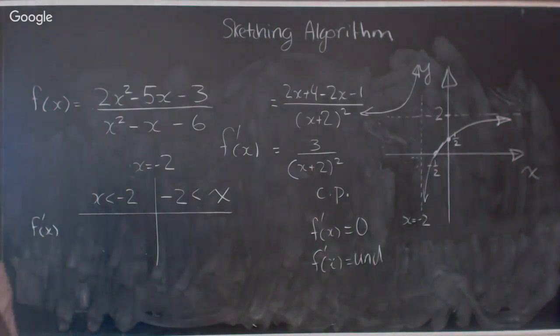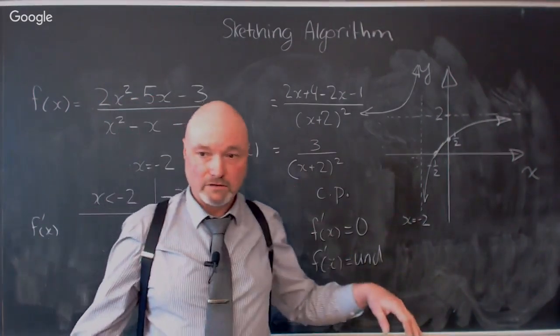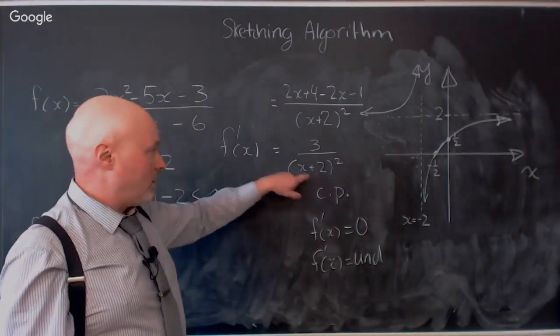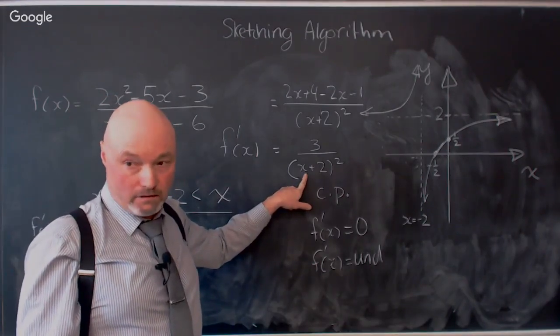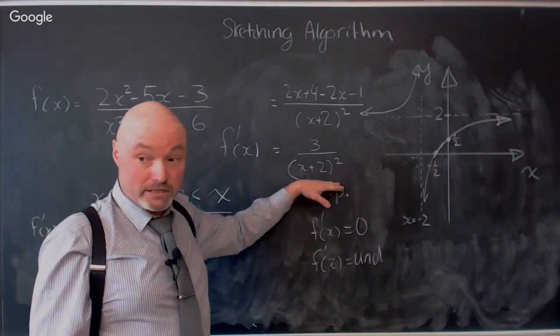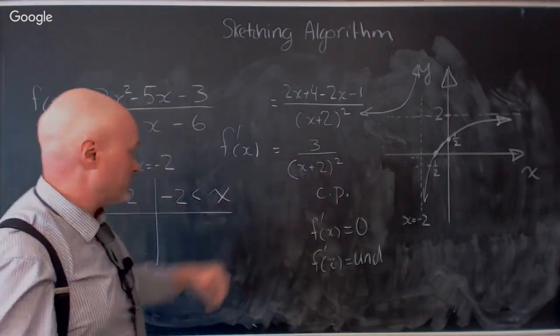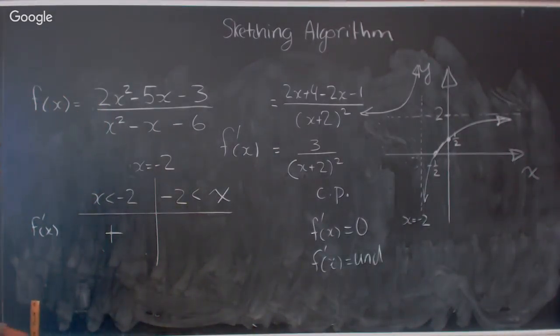Okay. So here's the beautiful thing, the way this thing is simplified. When x is less than -2, this part in the brackets is negative, but because I square it, it's always positive. The top is positive, and so there we go. This thing is positive.